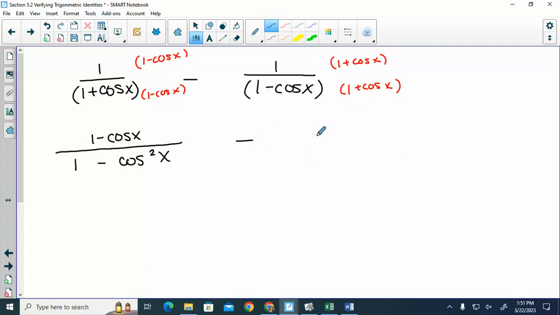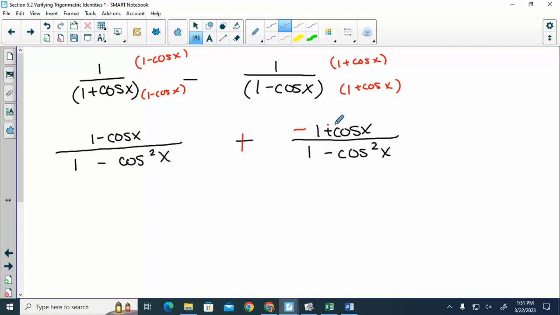Second fraction, 1 times 1 plus cosine x is 1 plus cosine x. Bottom, we get 1 plus cosine x and minus cosine x cancel, minus cosine squared x. Now these denominators are the same, so now we can put them together, right? If there is a subtraction here, what should I do with that?